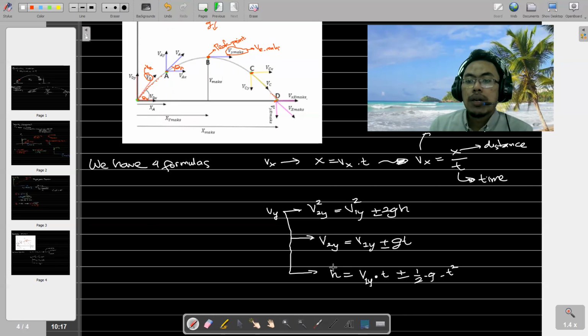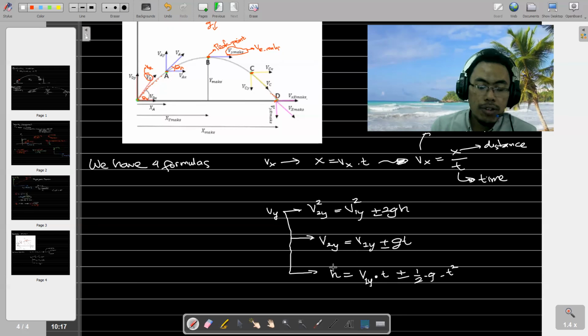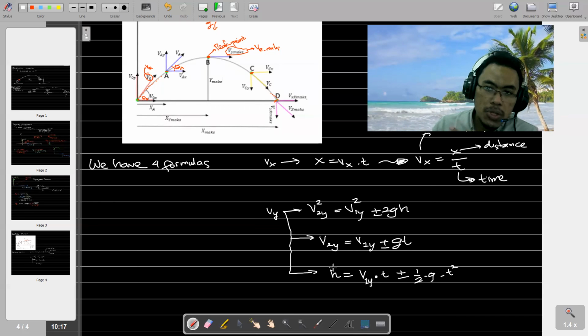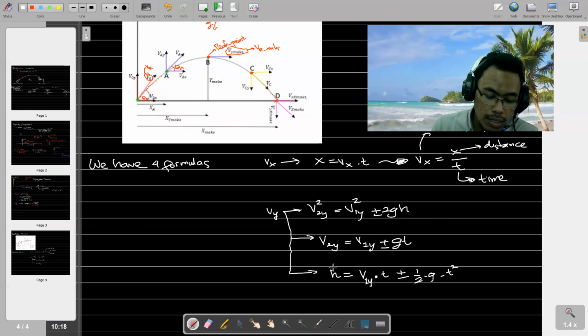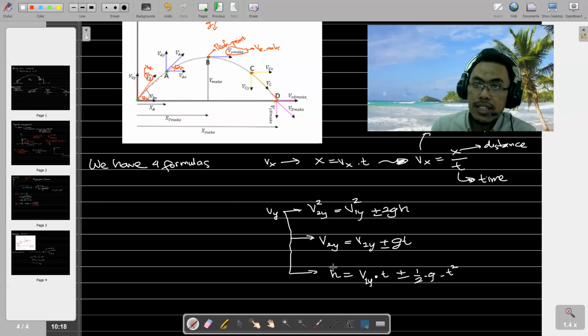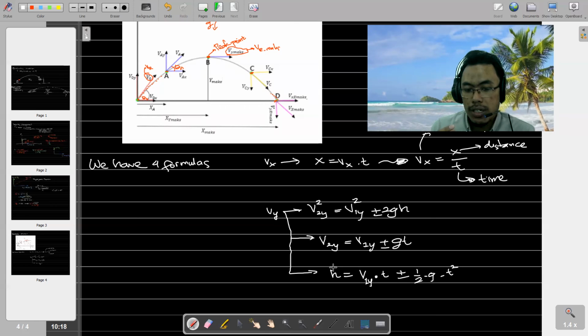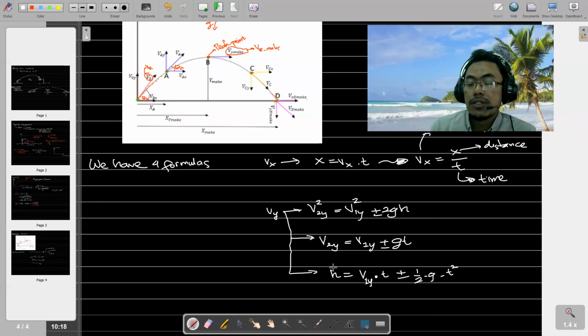And I hope by using this kind of concept, we can go on to apply and try some exercises directly. We try to solve the real problems of parabolic motion.